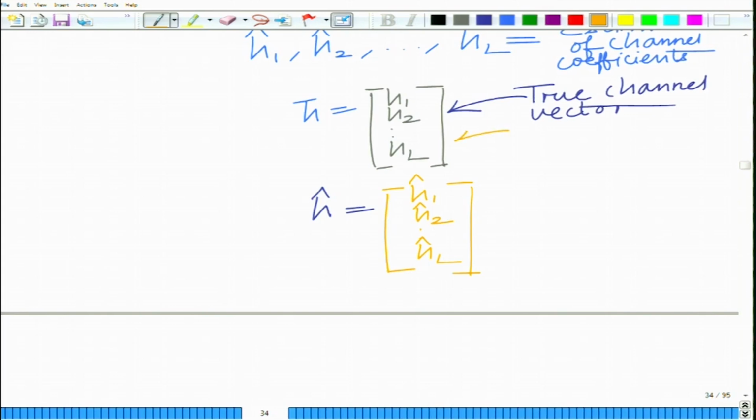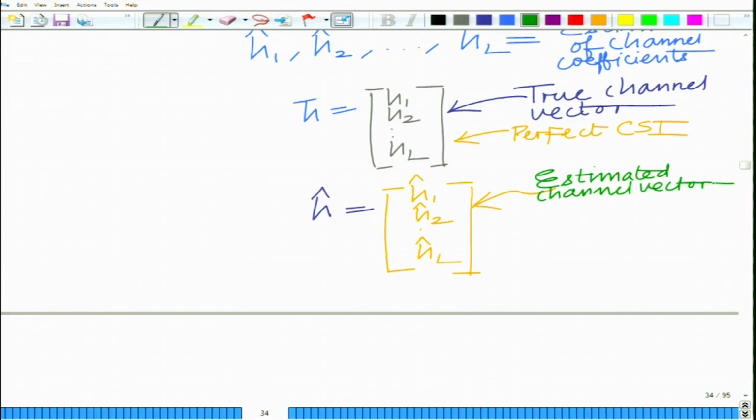The true one is the true CSI, also known as perfect CSI. This is the estimated channel coefficient vector, the estimated channel vector, which is also termed as the imperfect CSI.